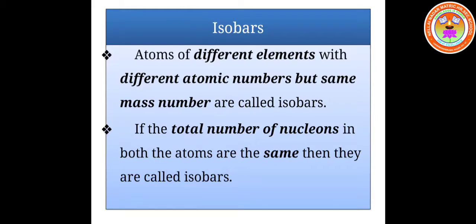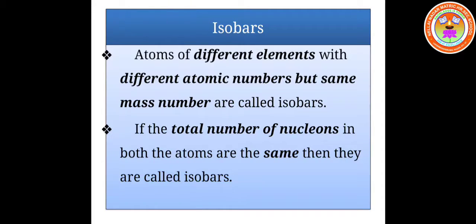What are isobars? Atoms of different elements with different atomic numbers but same mass number are called isobars. Also, if two elements possess the same total number of nucleons, then they are also said to be isobars. Okay, children?